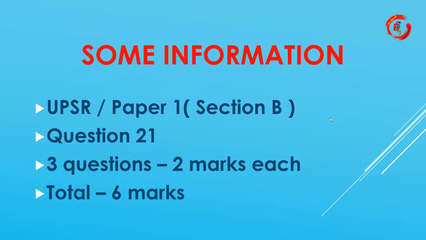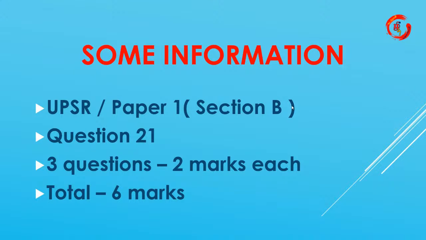Okay, some information. This part is for the primary school pupils sitting for the UPSR paper. Where do you get this social expression? This will come in your paper 1, section B, question 21. For this question 21, you are given three questions, A, B, and C. Each question carries 2 marks.